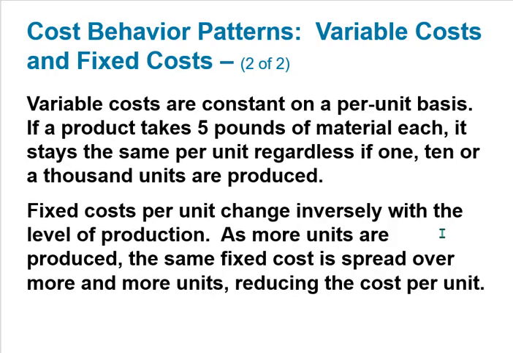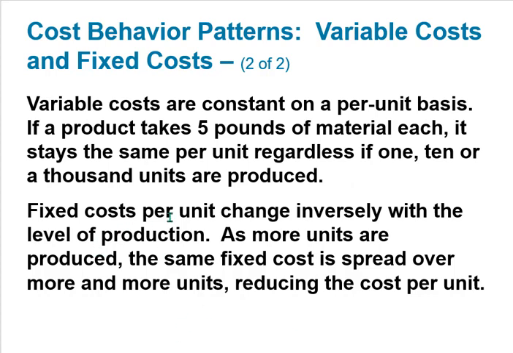Now, when considering variable and fixed costs, it's very important to know if you're looking at the costs in total or per unit. That's what you've got to watch out for. Variable costs change in total in proportion to the changes in the related level of activity or volume of output produced. Fixed costs remain unchanged in total for a time period given changes in the related level of activity or the volume of output produced.